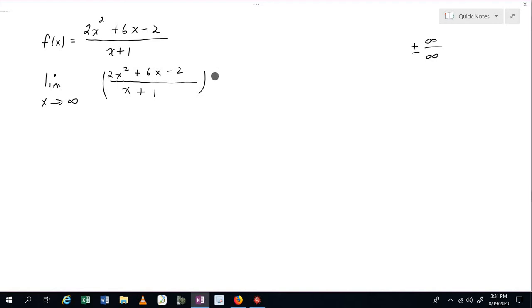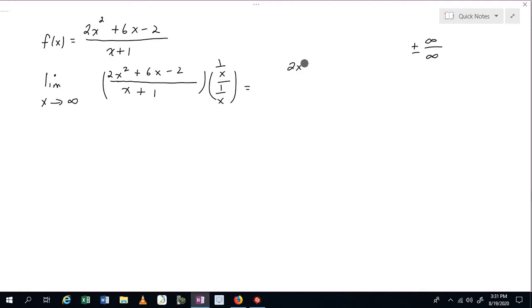So let's change this to a determinable form, and the way we do that, if you remember, is we look at the bottom polynomial, which in this case is x plus 1, and so we're going to multiply top and bottom of this rational function by 1 over x. Okay, so let's simplify this by distributing the 1 over x.